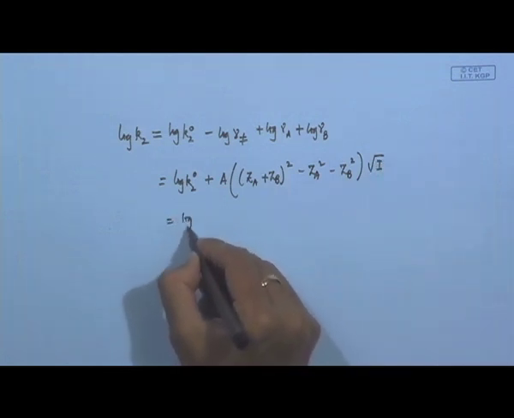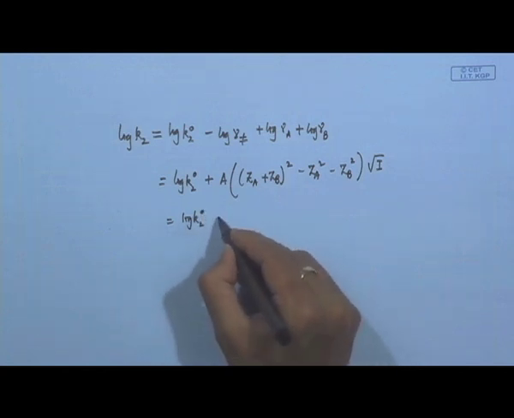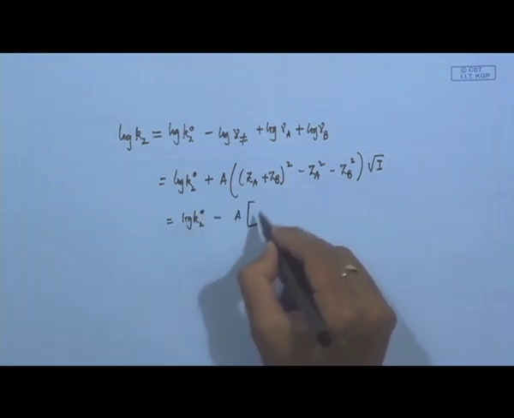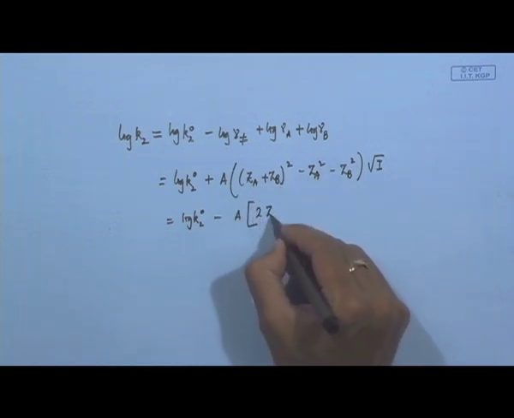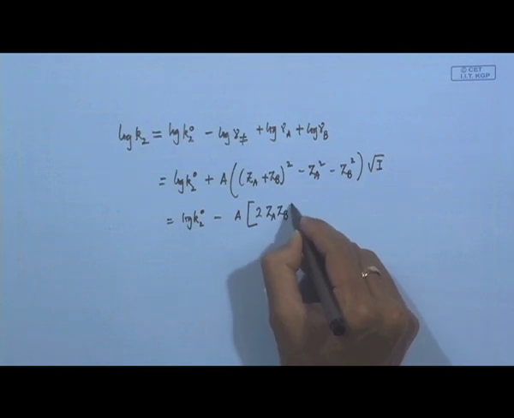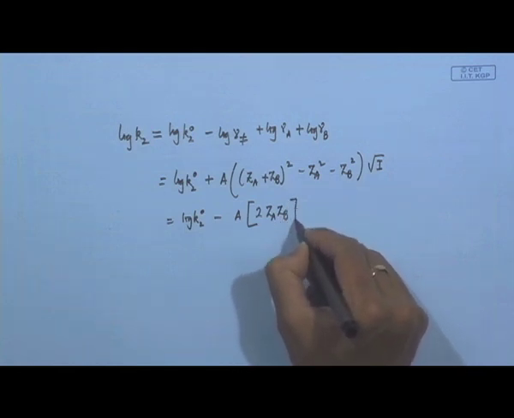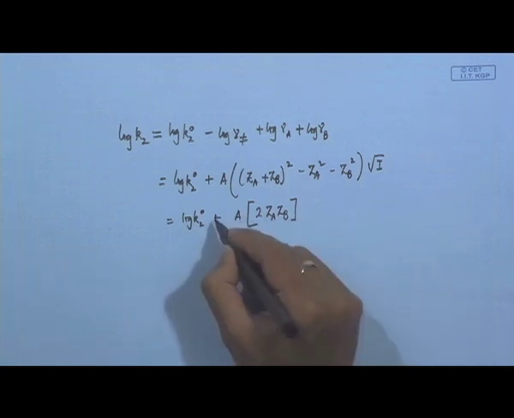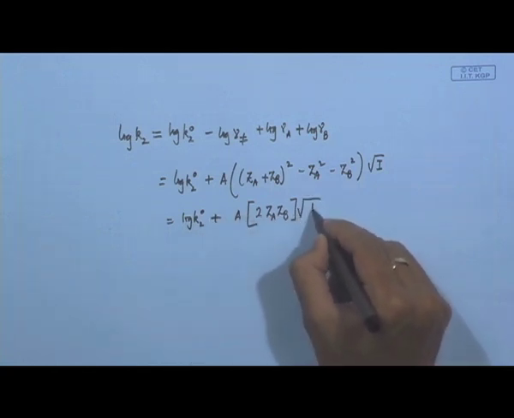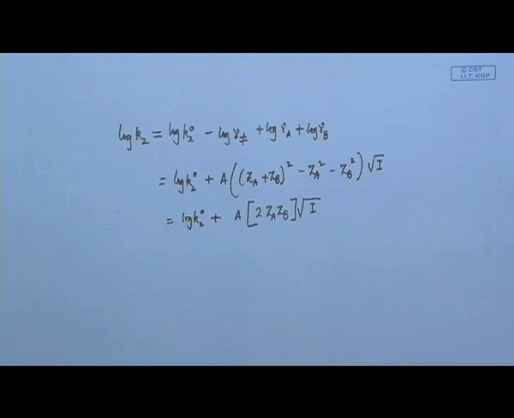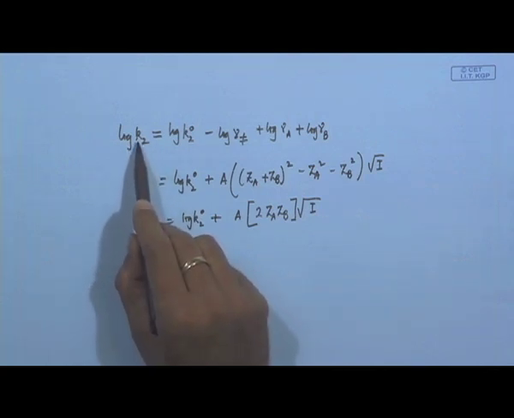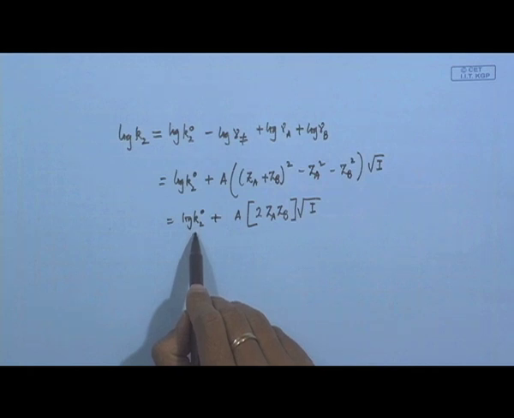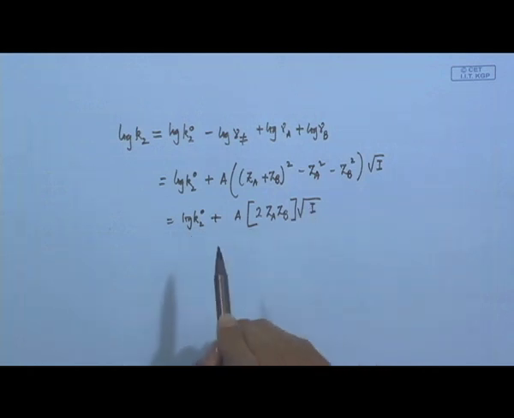Because ZA plus ZB whole square is the overall charge of this activated state. So ZA square and ZB square get cancelled, leaving 2 ZA ZB square root of ionic strength. This is the expression that relates the rate constant for the reaction at a given ionic strength, the rate constant when ionic strength is 0, and the ionic strength of the medium.